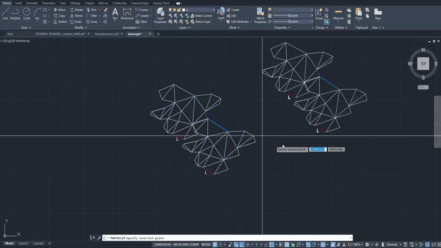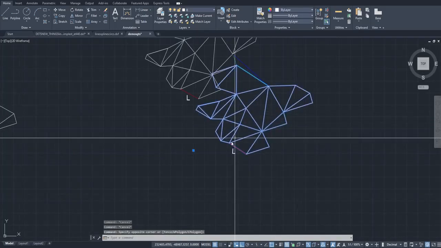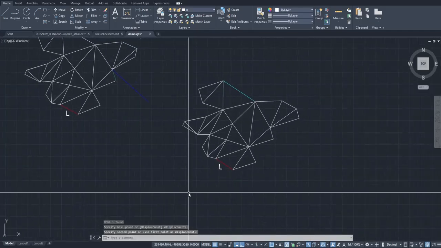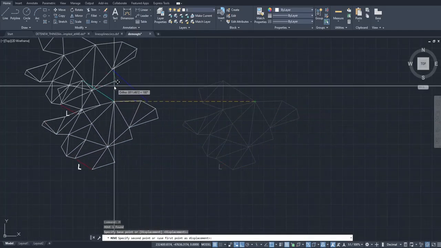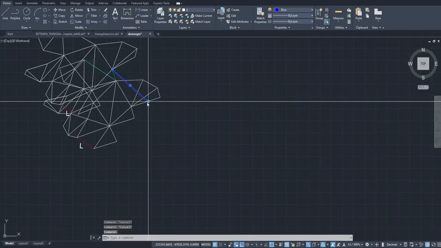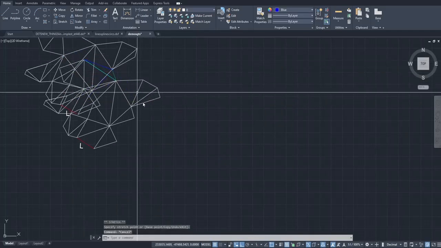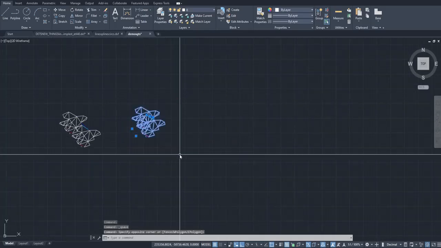In a similar way, we can do the division of type 2, where we will align this output with this position, and we will connect the free ends of this output like this, and we will get the second division orientation.